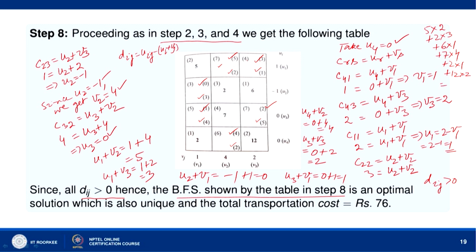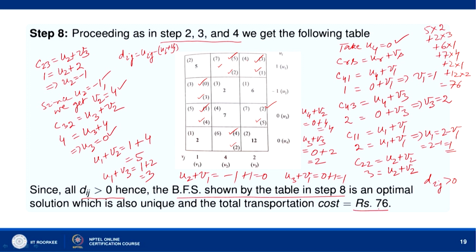So, this is 24 plus 2, 26, 26 and 28, 54, 54 plus 6, 60, 60 plus 10, 70, 70 plus 6 is 76. Okay. So, this is the total transportation cost.